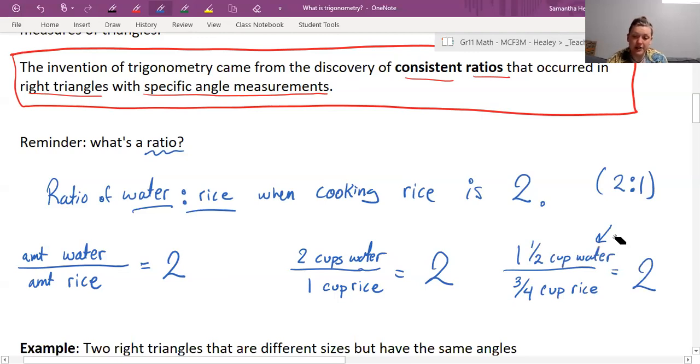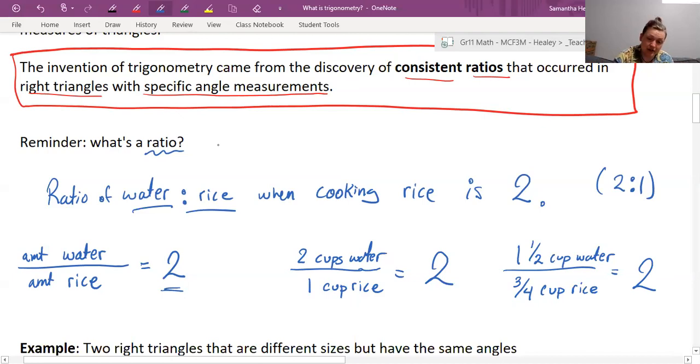So a ratio means, remember, it is a representation of one quantity in relation to another quantity. And we do that by dividing, and then describing the number you get when you divide is a ratio. So I can write that down.